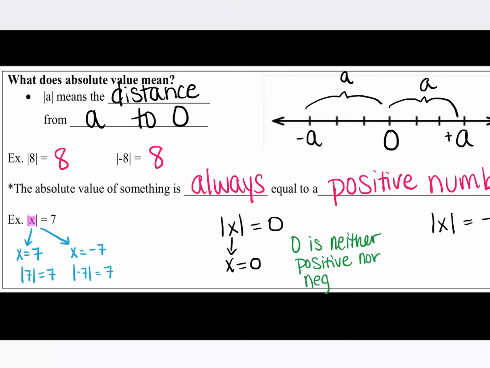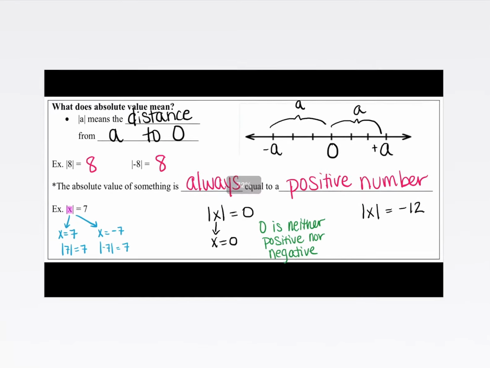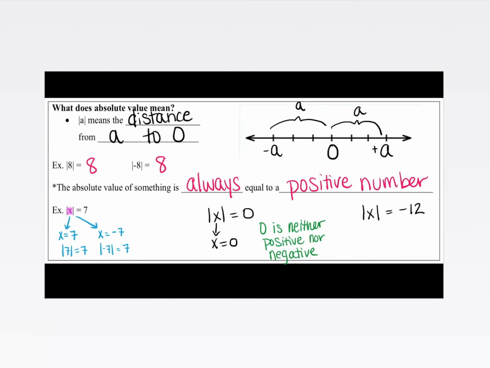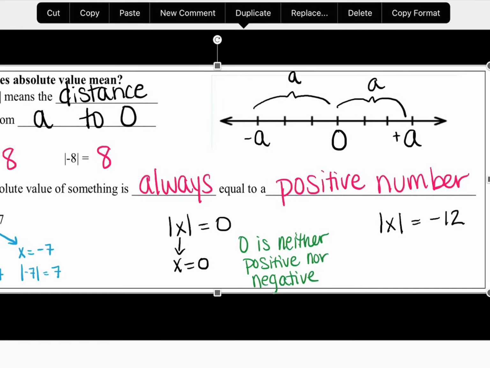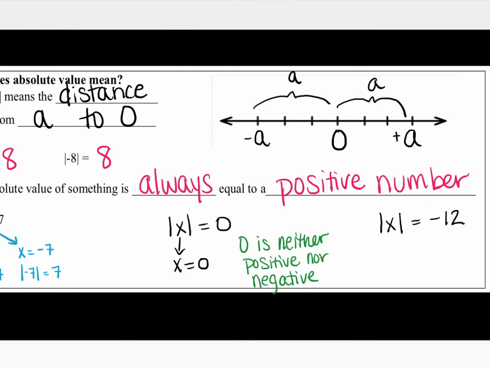So I can't have one positive value and one negative value. If I have the absolute value of x equals negative 12, here we do not have a value for x, because the absolute value of something cannot be negative. It cannot equal a negative.